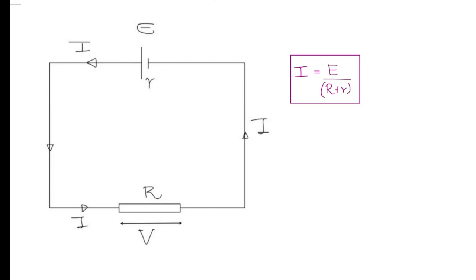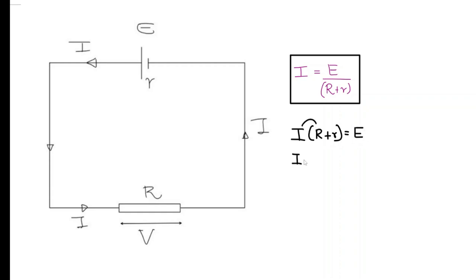The second formula is a kind of derivation that comes from this one. So I'm going to move this R plus r to the left hand side. You get I times the bracket capital R plus lowercase r is equal to E. Now let's multiply out the brackets.